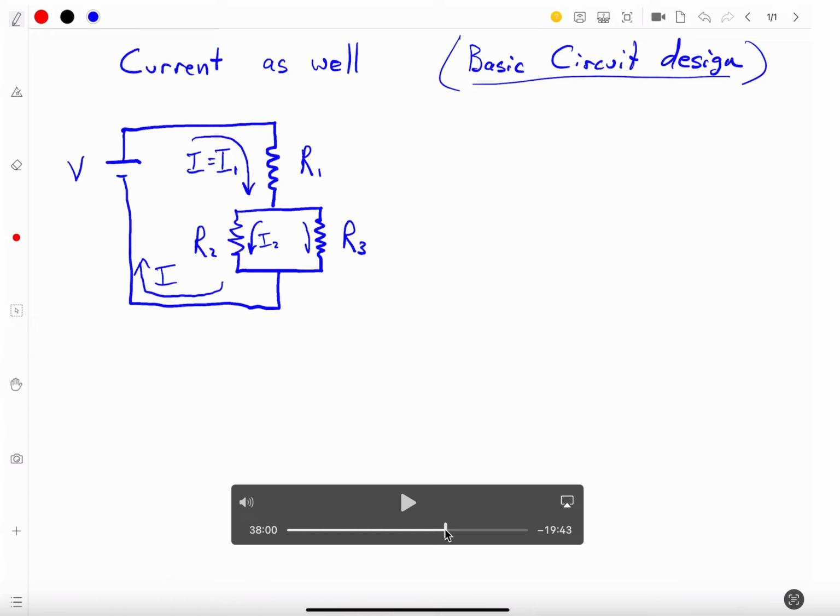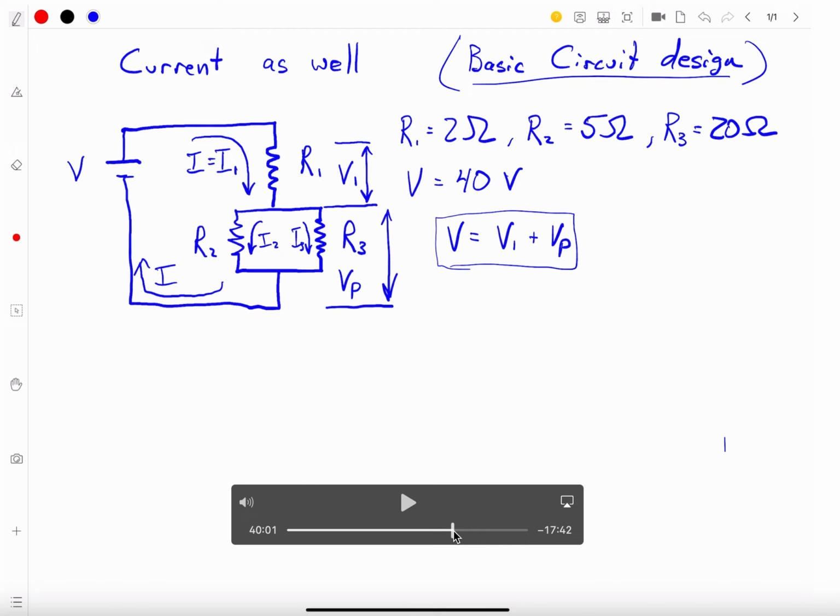All right. So now let's do current as well, because many questions will ask us what the current is running through each of the resistors. And so we want to know how to do that. So here we're going to draw out our battery. We've got our resistance.